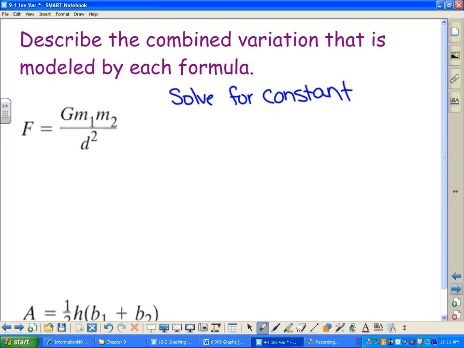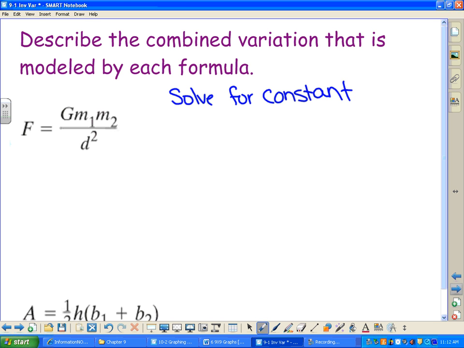Now, this is a formula, and in this formula, does anybody recognize this formula, by the way, from some of your science classes? It's force. Well, do you know what G stands for? Gravity. Do you know what the M's are? Mass. Okay. So which one of those would be a constant, a number that stays the same?